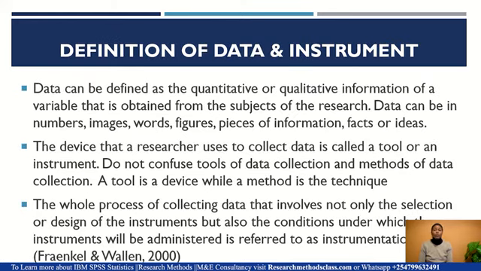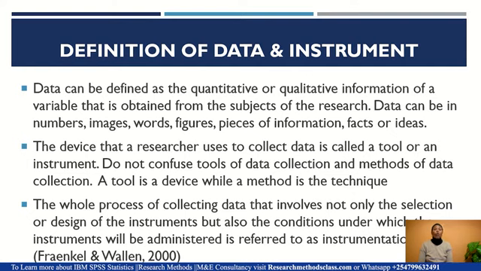So now we move to define what is data, and it would also be important to define what is an instrument. Data can be defined as the quantitative or qualitative information of a variable that is obtained from the subjects of the research. In lesson 4 and lesson 5, we discussed variables, and we said that variables are measurable characteristics that vary across objects or events or subjects.